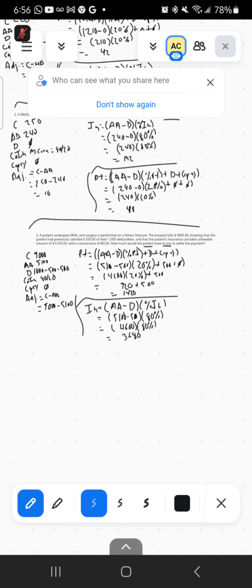Again, don't break your head, just put it in the calculator: $9,000 minus 5,100. It is 3,900.